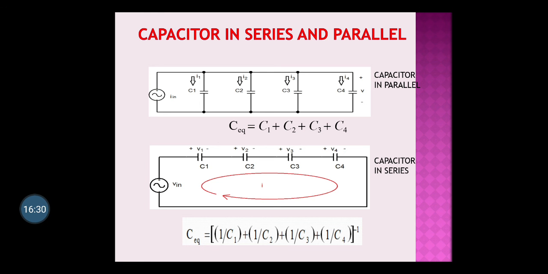But if the capacitors are connected in series, then 1 upon C equivalent is equal to 1 upon C1 plus 1 upon C2 plus 1 upon C3 plus 1 upon C4. So this is how the capacitance values are calculated for series and parallel connections.